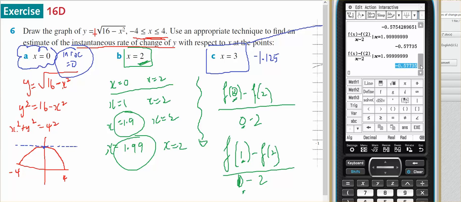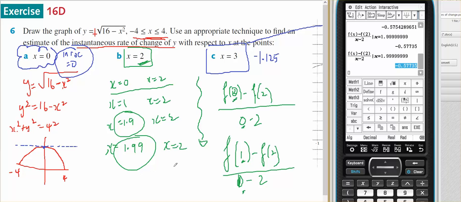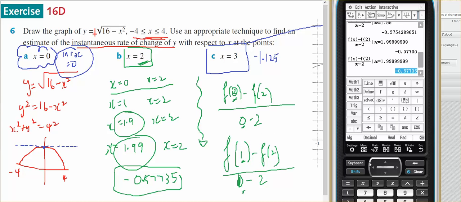Okay, so I'm thinking that I'm approaching, for x equals 2, the instantaneous rate of change of negative 0.57735 by looking at what happened as I got a chord further away.